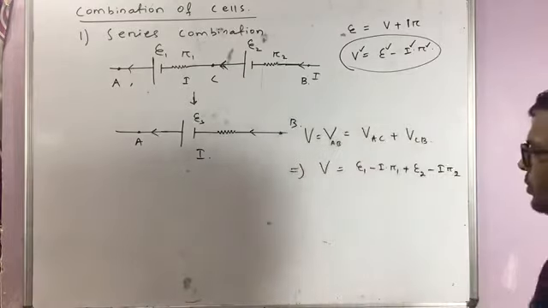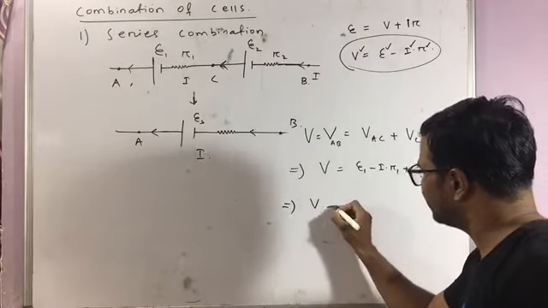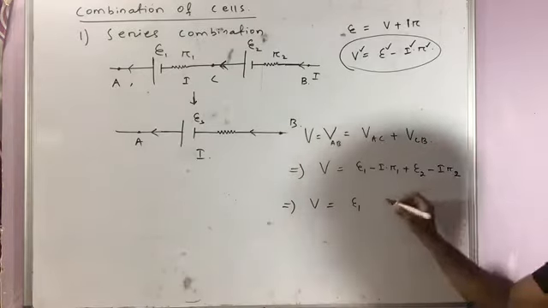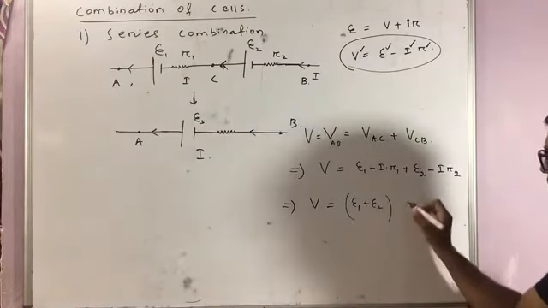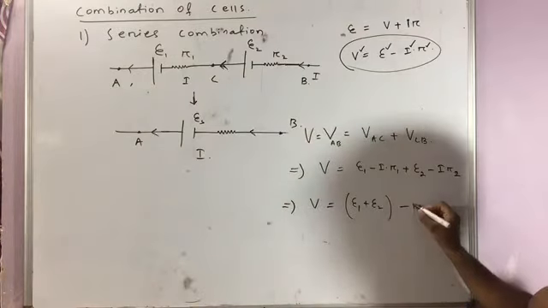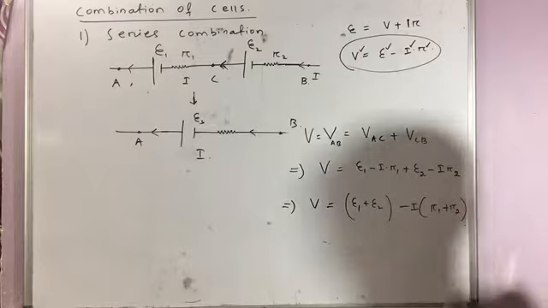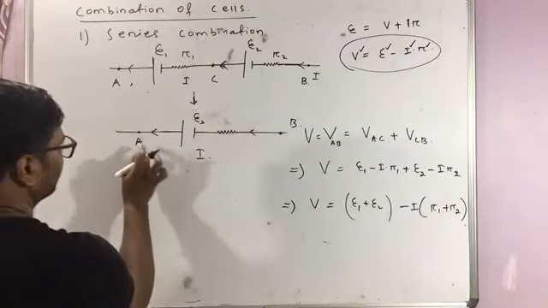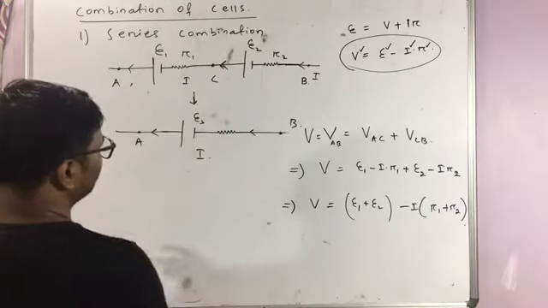R2, which implies your V is equal to, just simplify it, let's rearrange, means E1 plus E2 minus I, you take common, which is R1 plus R2. And in this case, the value of VAB is the terminal potential difference across this.